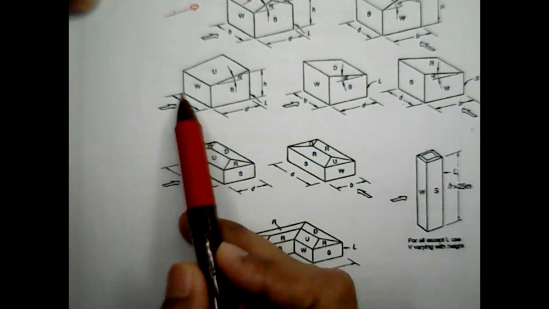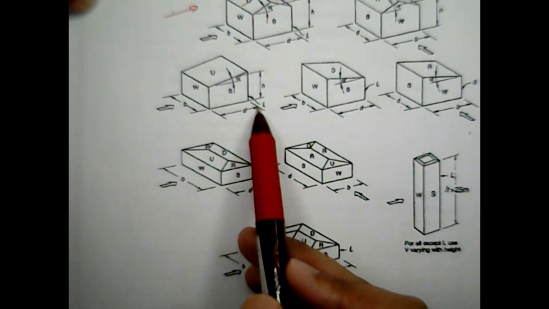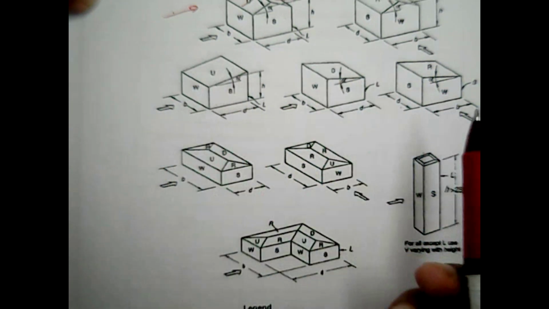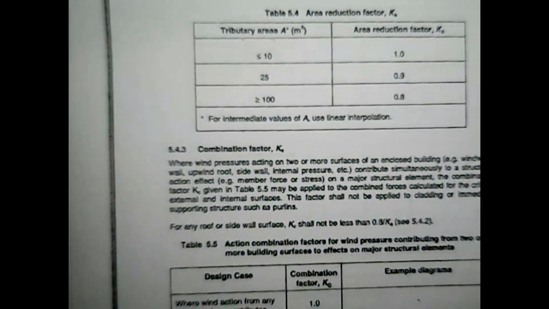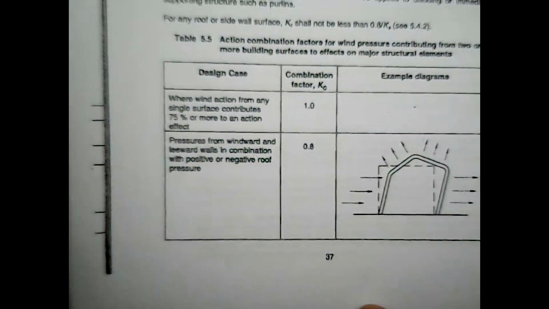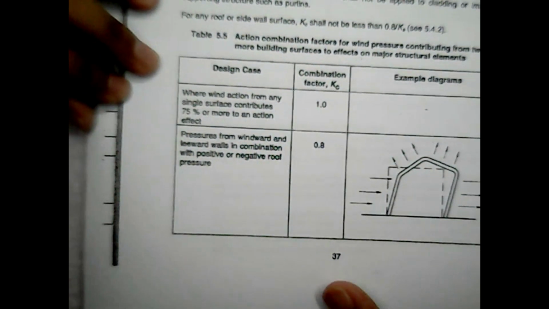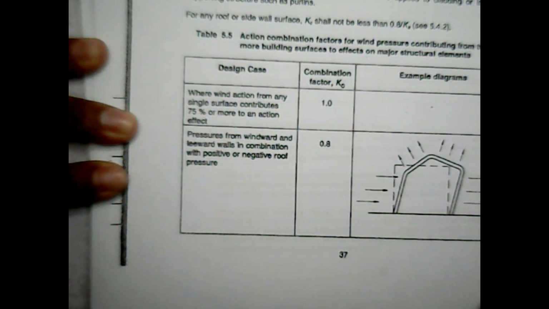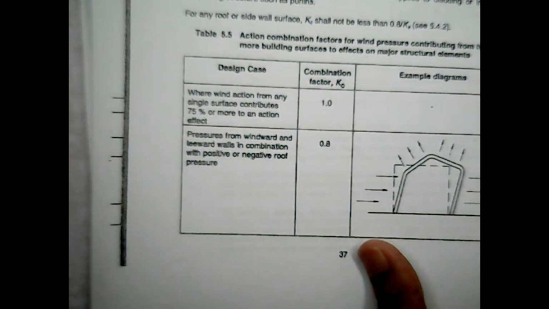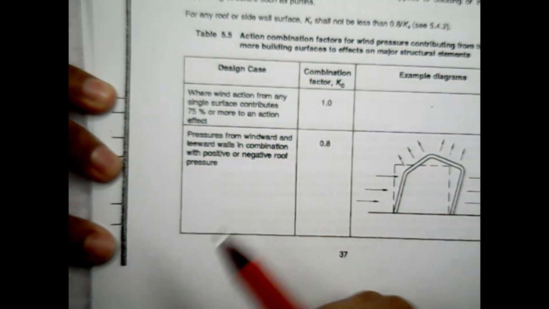We have the windward side wall, and then the wind can act on the leeward as well, upward. So that is the tributary area. So in our case, that is the surface. We have a combined windward and leeward, and we neglected the effects of roof.